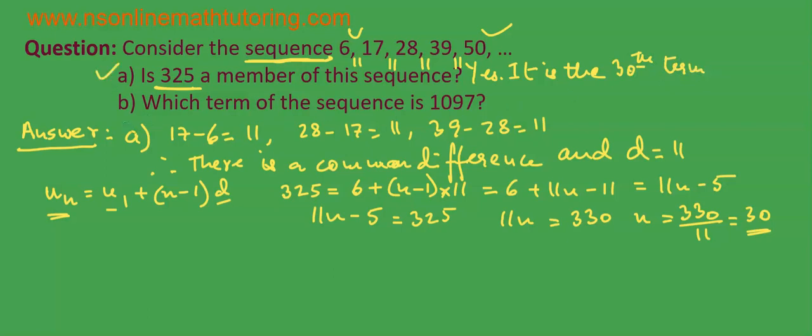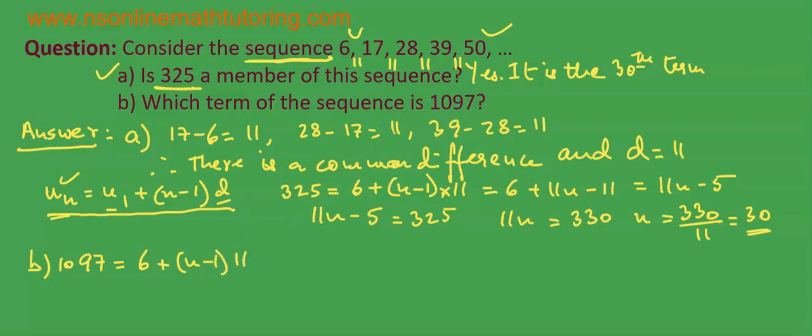So we are done with subpart A, coming to subpart B. Okay, I start from here. Which term of the sequence is 1097? Again, we will be taking the same formula, and I'll be writing 1097 in place of un. So 1097 is equal to u1, which is 6, plus n minus 1 times 11.